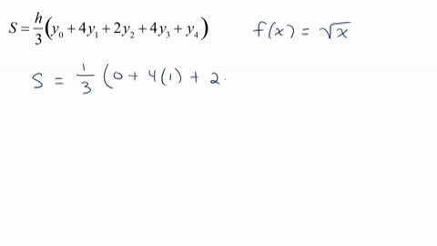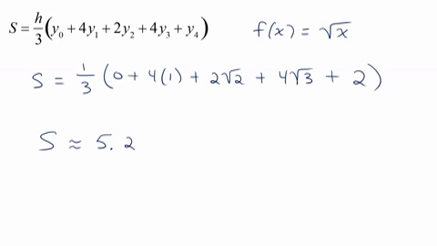Our next value would be 2, so f of 2 would be the square root of 2, plus 4 times the square root of 3, plus our last term, which we would use another h value of 1, so we're going to plug 4 into the function, and the square root of 4 is 2. Now let's perform the arithmetic, and we will see that s is approximately equal to 5.2522.